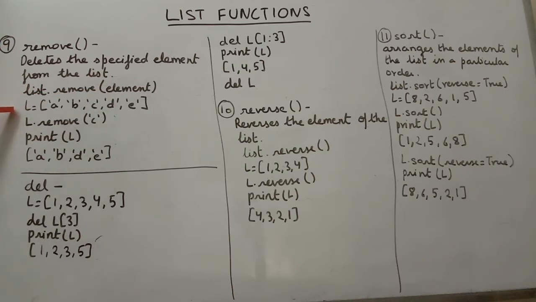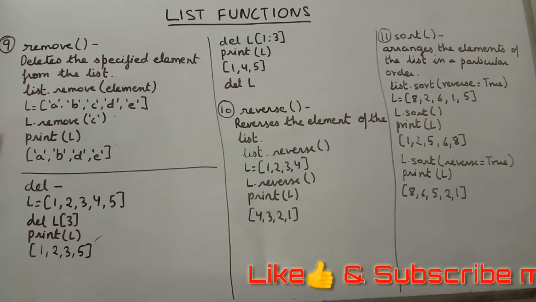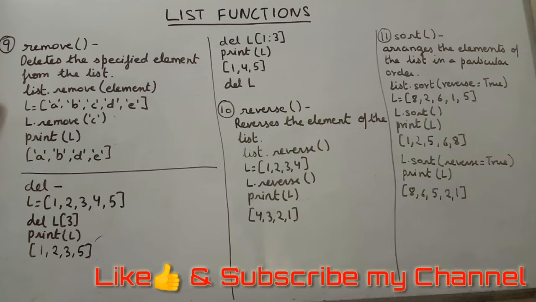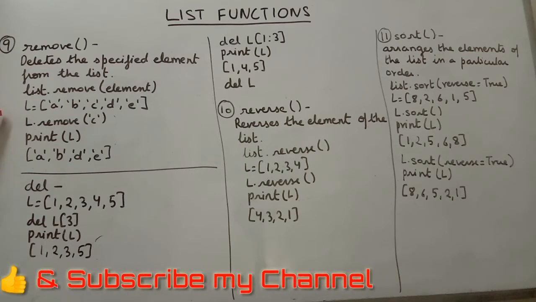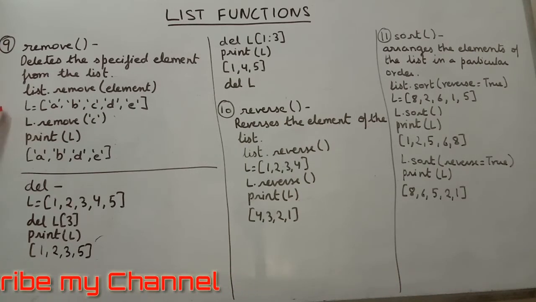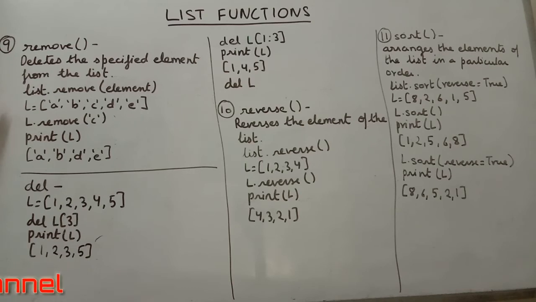L is equal to A, B, C, D, E, and I say L.remove(C). So C is the third element, so it will remove this C, and the resultant list will be A, B, D and E. Now this is similar to the pop function, but in the pop function we provide the index value, and here we provide the value that has to be deleted.